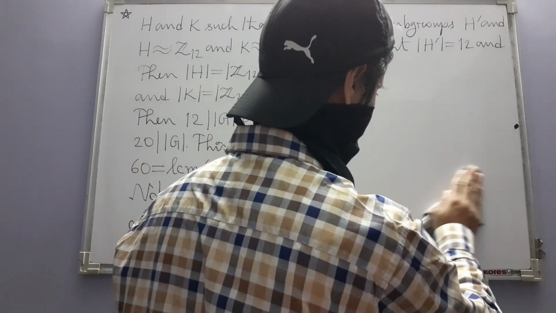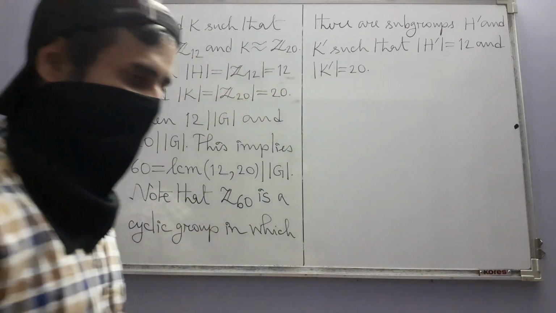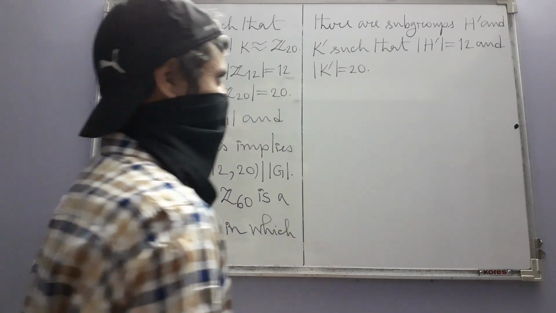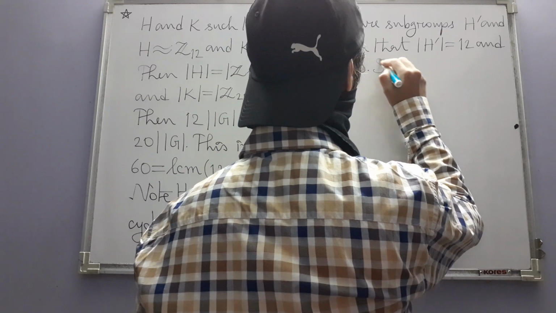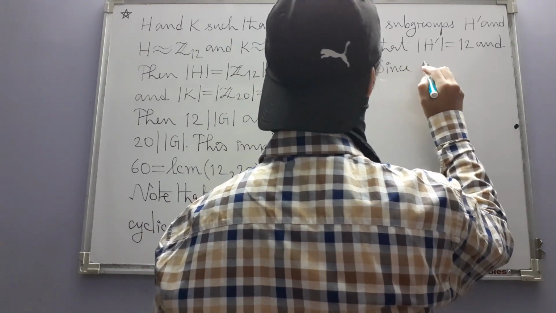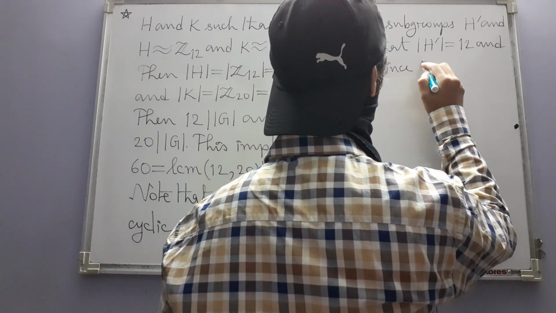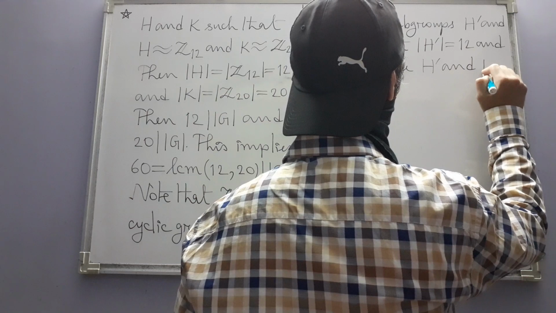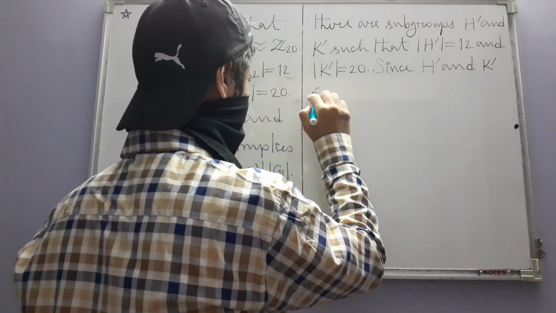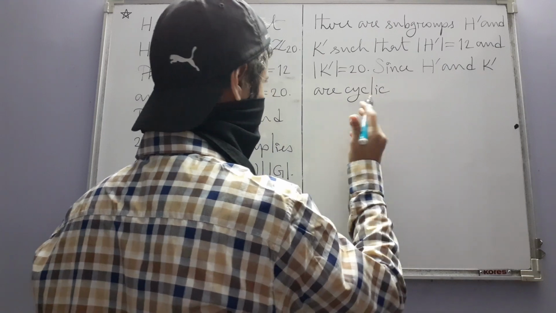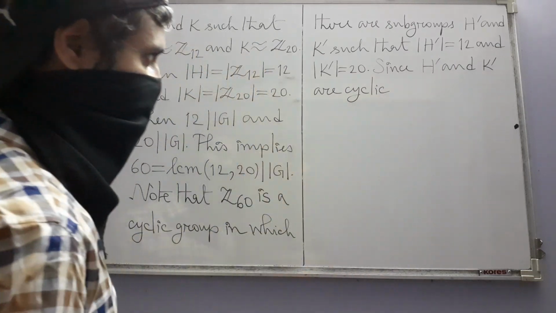Another fact that we know about cyclic groups is that any of its subgroups is itself cyclic, since H prime and K prime are cyclic, being subgroups of Z60.